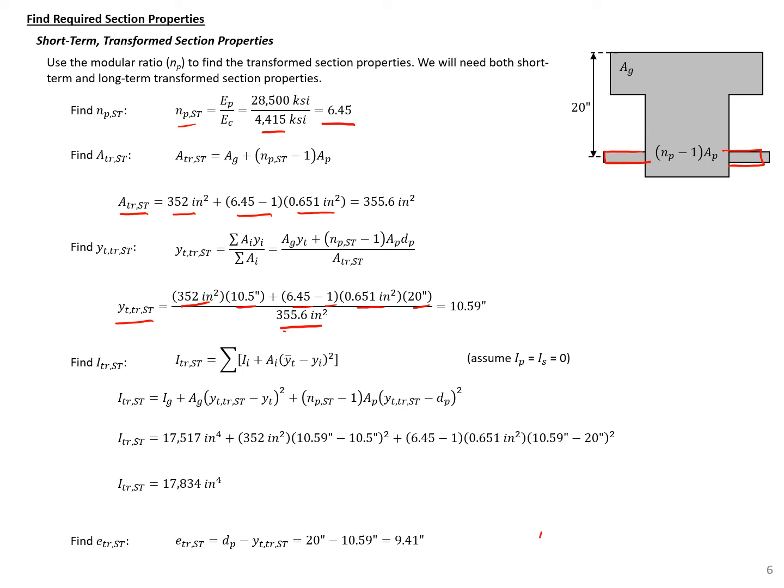And we can find our transform moment of inertia the same way that we did before, using our gross moment of inertia plus our A D squared component. So our A gross times a D squared component, the distance between the gross section and the transform section, and then our A D squared component for our pre-stressing. And then finally, we can find the eccentricity of our strands with our short-term transformed section.